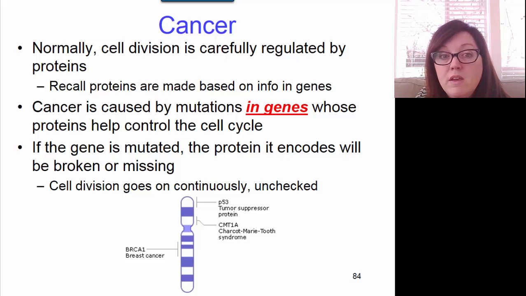Okay? And if these police officer proteins detect damaged DNA, they can do one of two things. Number one, they can start a process to fix the damage, right? But sometimes the damage is so bad, it can't be fixed. So then another choice that the police officer protein has is to initiate a process called apoptosis, which is programmed cell death.